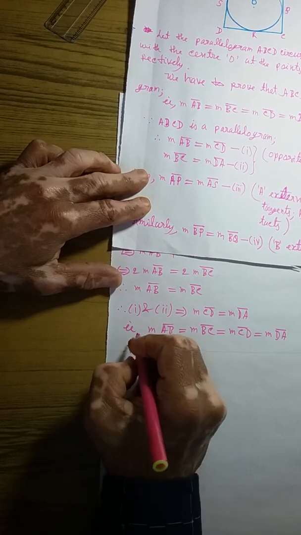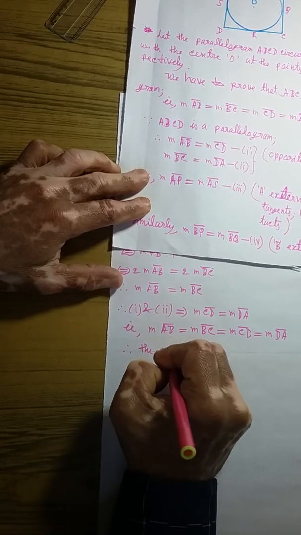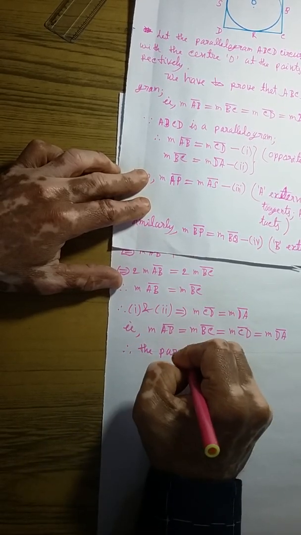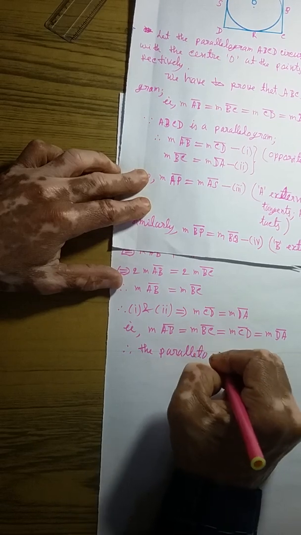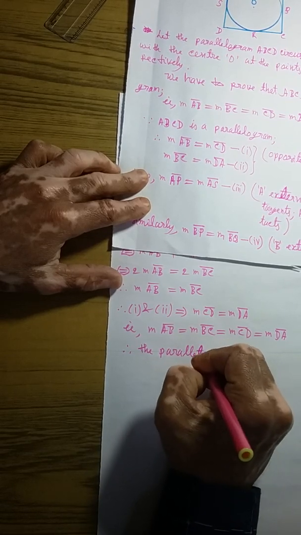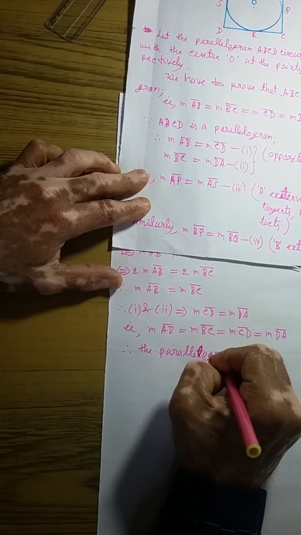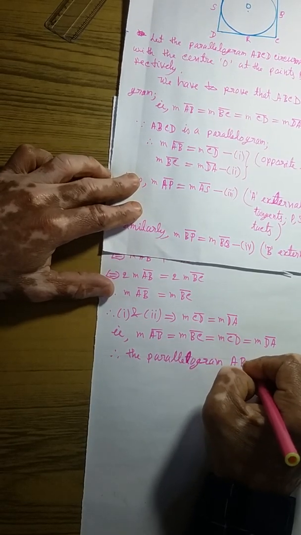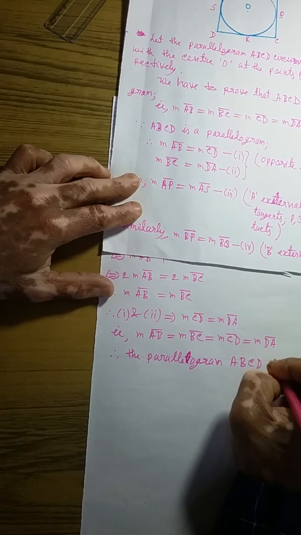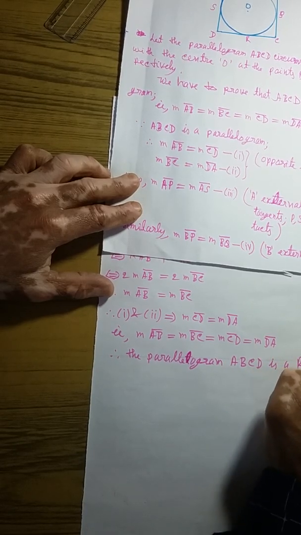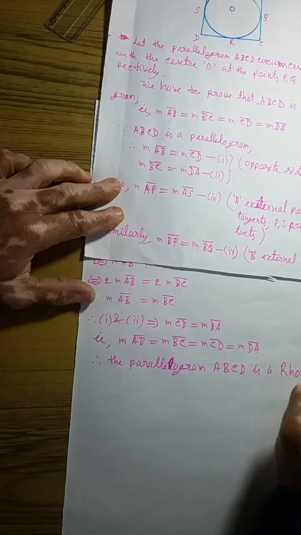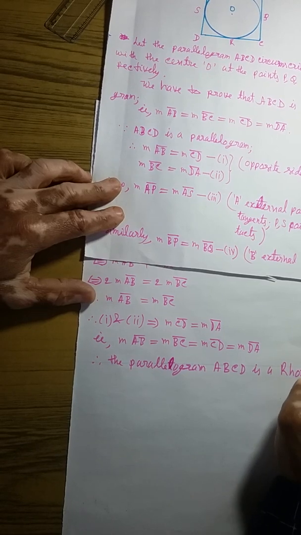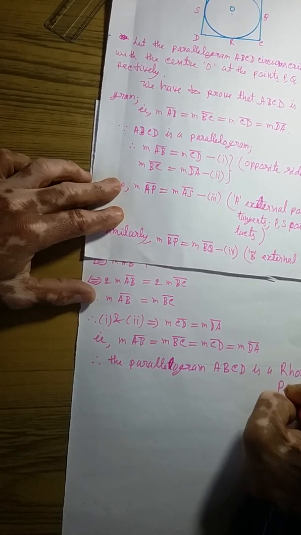Therefore the parallelogram ABCD is a rhombus. Proved.